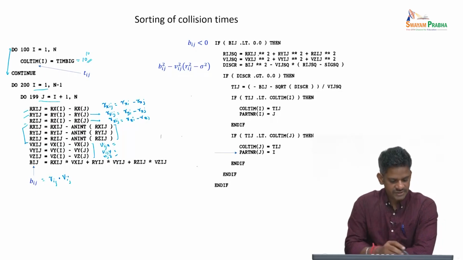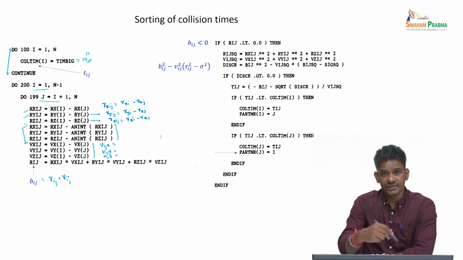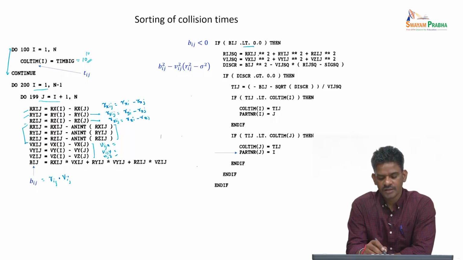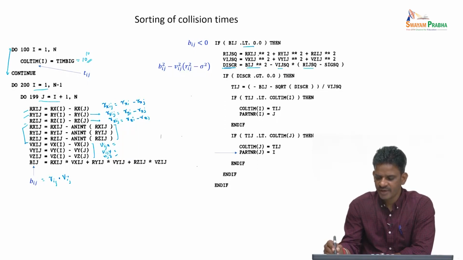So, this is done for one particular pair i and j within this loop. Then we check whether this Bij is negative or not. If so, then we look at the second condition, that is whether the term within the square root of the quadratic equation is positive or not. That is given as this variable discr. This is given as Bij square minus Vij square times Rij square minus sigma square.